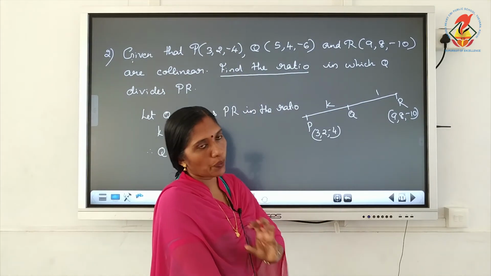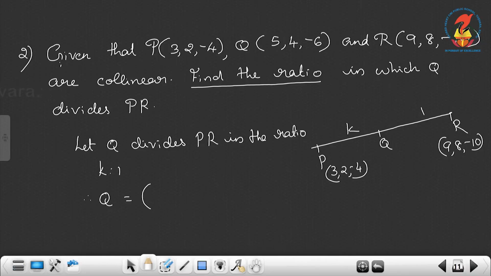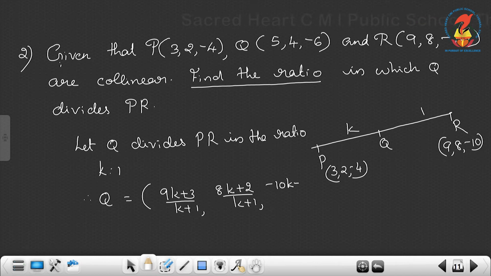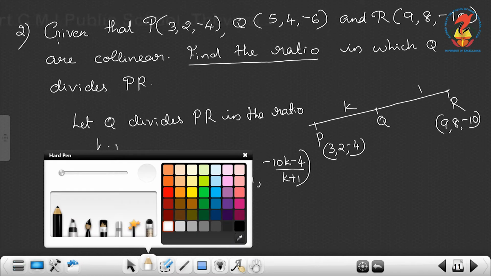Then you have to equate that with the given coordinates. So the coordinates of Q are (9k plus 3) by (k plus 1), then (8k plus 2) by (k plus 1) and (minus 10k minus 4) by (k plus 1). Okay. Now we equate this Q to the given point.